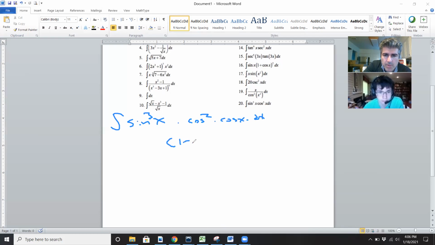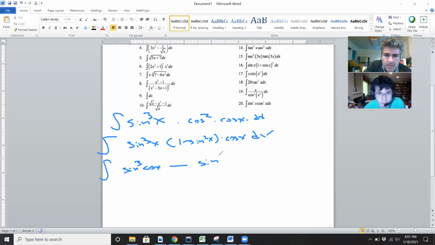Cosine squared is 1 minus sine squared x. If you distribute, then you get this. Sine to the 5th x, actually.